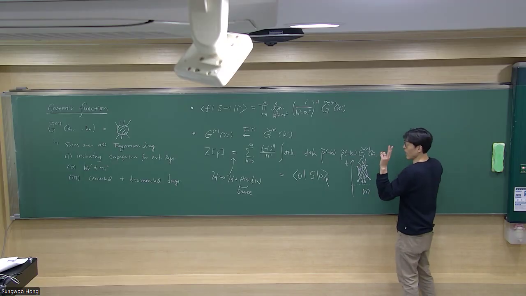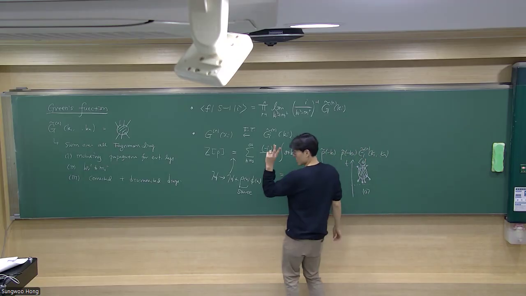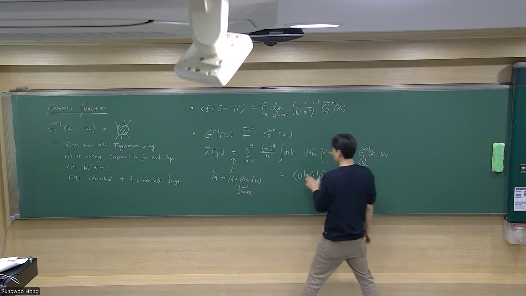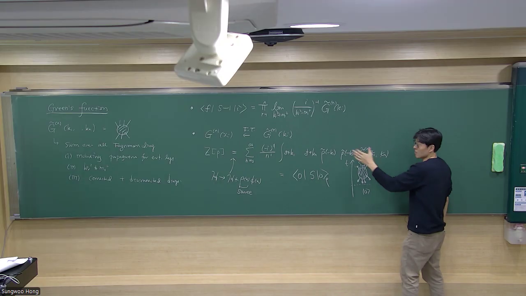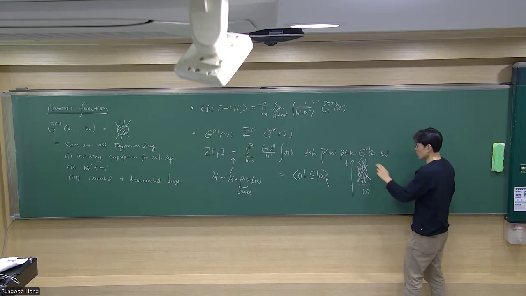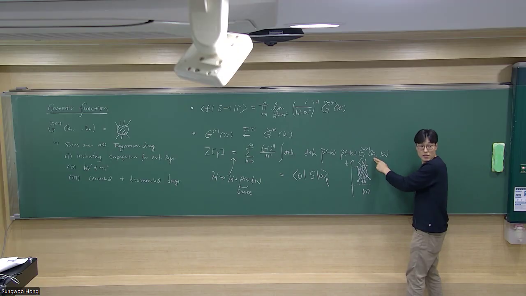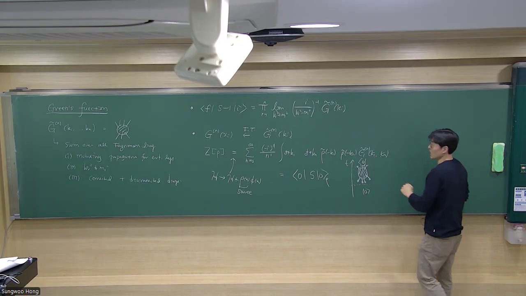And now I can do perturbation theory in powers of this source, and the coefficient is nothing but that momentum space Green's function, which includes all diagrams to all orders in perturbation theory of the original coupling that we are interested in, versus the source coupling. So that's what we talked about.